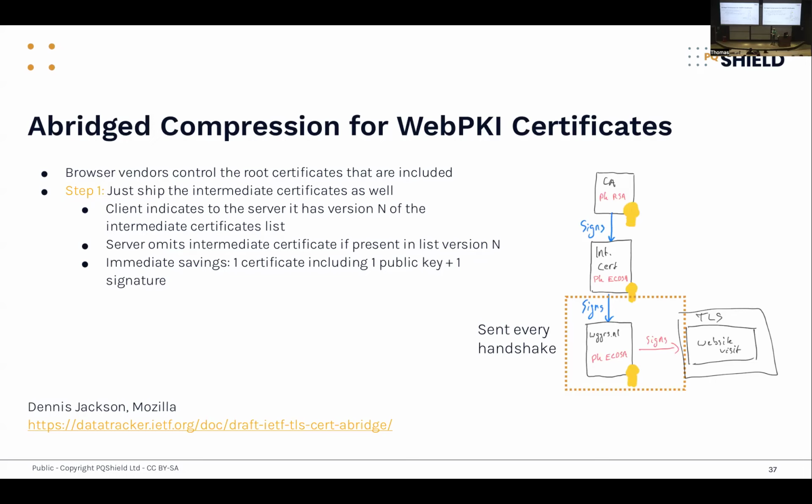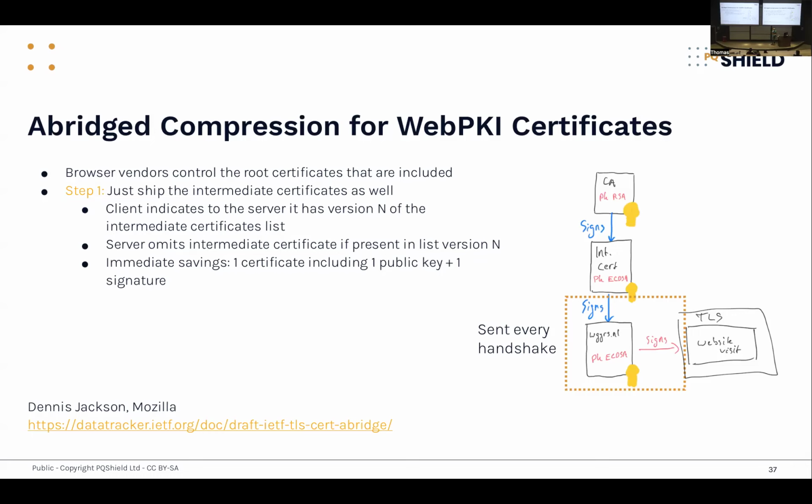Just like we're already shipping these, how about we just ship both of these and stop sending all of these intermediate certificates that are basically there for management reasons, and include them with the web browsers. We have mechanisms in web browsers to update things. You download a new version with the latest code fixes anyway every month. So we can probably get away with including them.